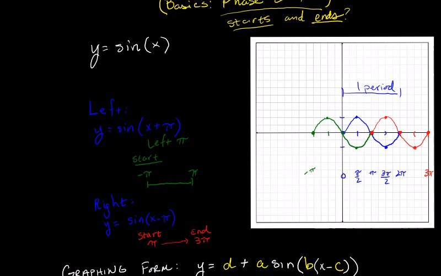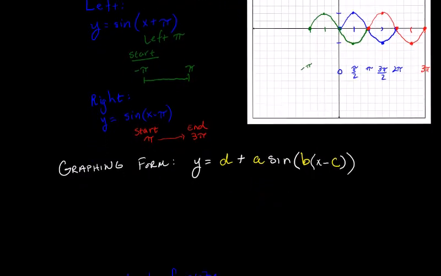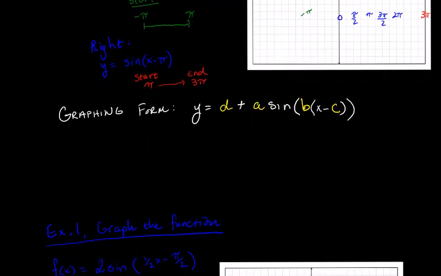And so our goal here is to make sure that we can understand how to start and end this, but also to incorporate all the other things that we've done, the amplitude changes, the period changes, and the vertical shifts. And so we'll try to add all that in by the end. But that's really all we're doing, is shifting things left and right. So one more time as a quick review, this is the graphing form that I gave in all my videos.